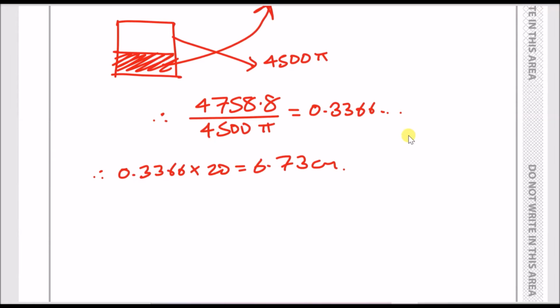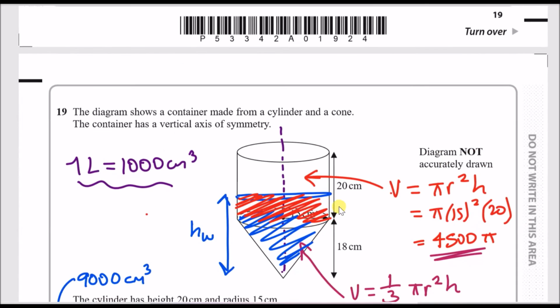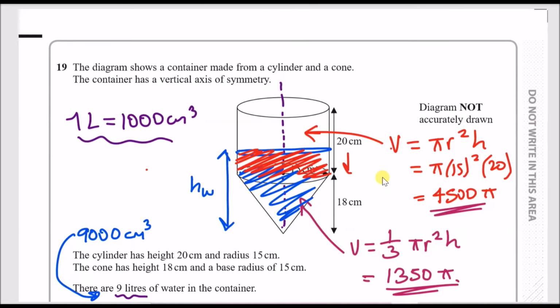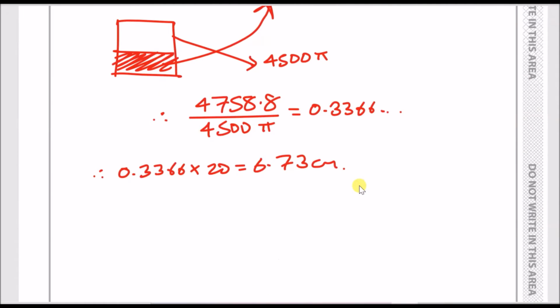So that's how high the water was raised in this pod container. So this is 6.73. Therefore, the whole height, so HW, will be this amount plus 18. So therefore, we say the height of the water was 18 plus 6.73 centimeters.